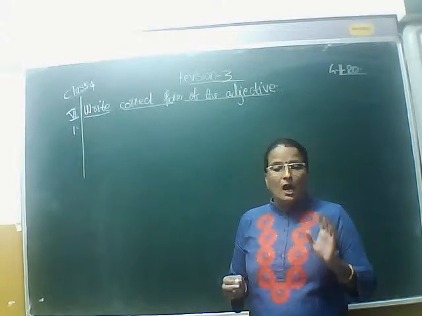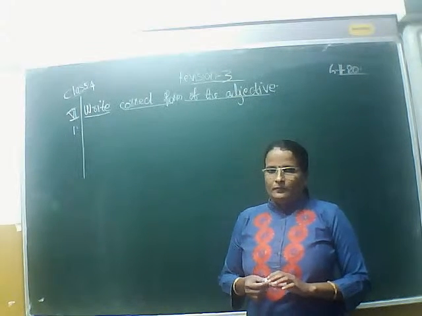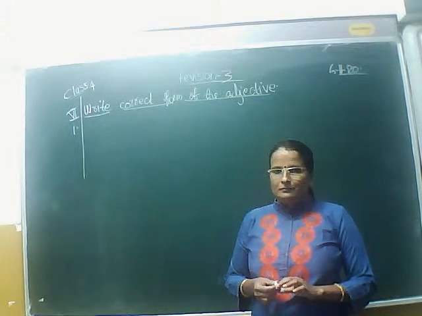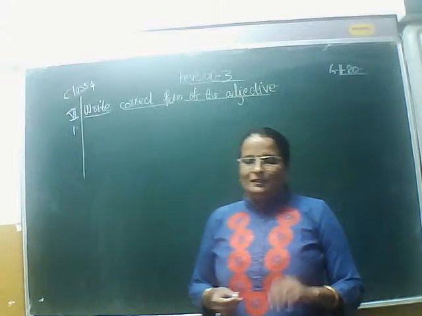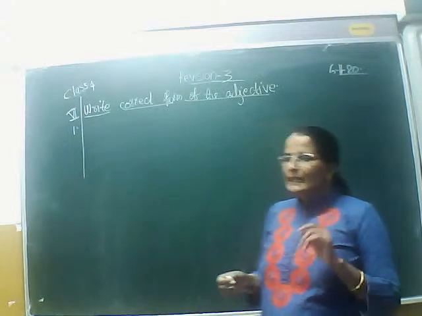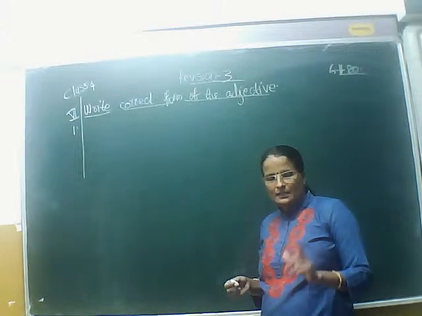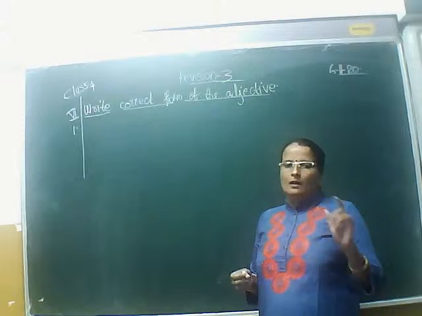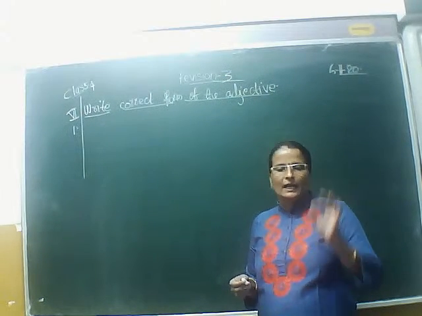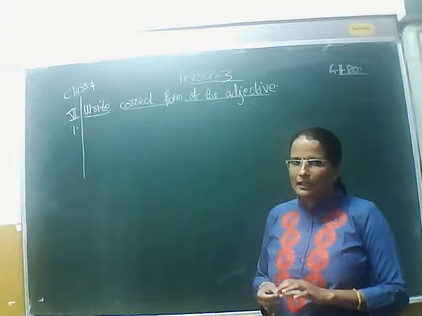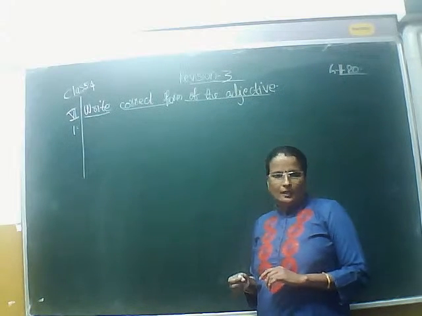And I told you how to form the comparative degree. Do you remember? We add ER at the end of the adjective, or if the adjective is ending with Y, we cut the Y and add IER at the end of the adjective to form comparative degree.